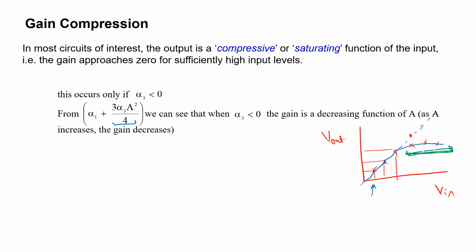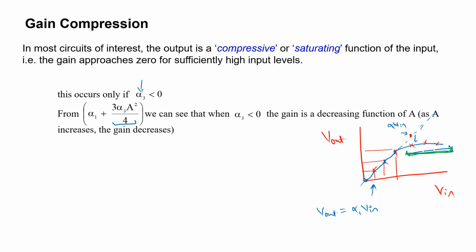Again, for a value of input, the output is a linear multiplication of V in. So V out is almost equal to alpha 1 V in from here till here. But after this point, my expected output is alpha 1 V in that I should get here, but because alpha 3 is a negative number, it will decrease this overall value and drop my point from this to this.